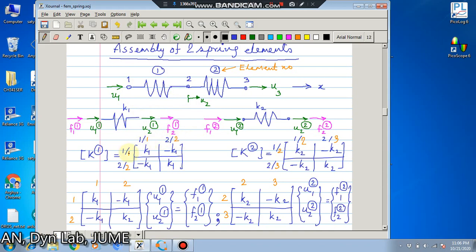Similarly for columns, whatever is there for rows, the same will be there for columns. For element K2, its 1 has gone to 2 and its 2 has gone to 3. The blue ones are called the local degrees of freedom, and the orange ones are called the system degrees of freedom. So similarly 2, 3, 2, 3.